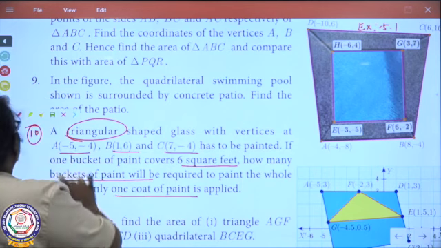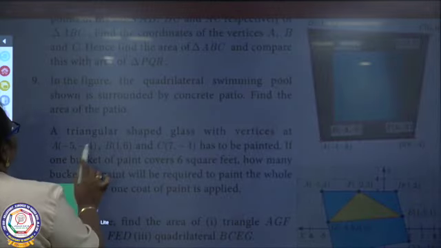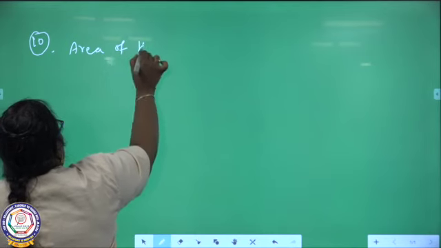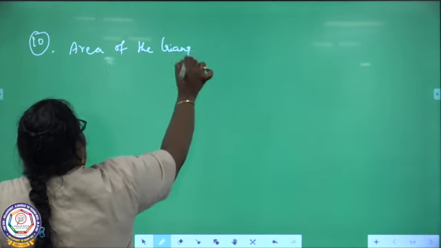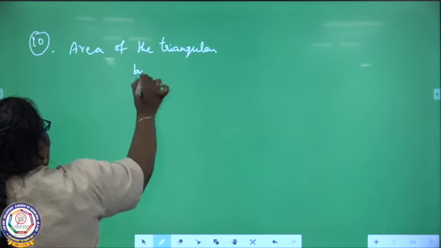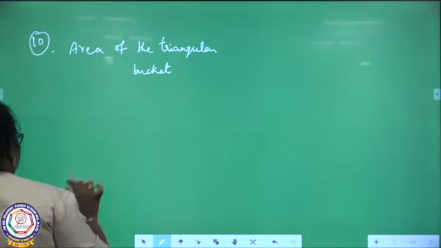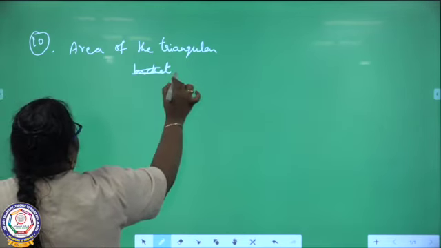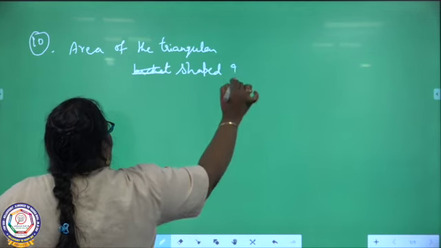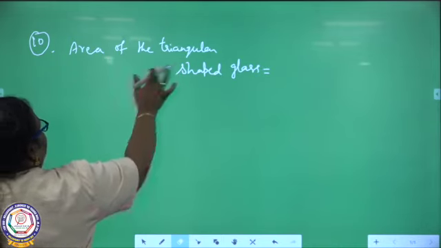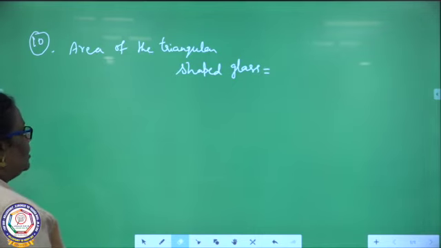We move on to the sum. Sum number 10. We need the area of the triangular shaped glass.